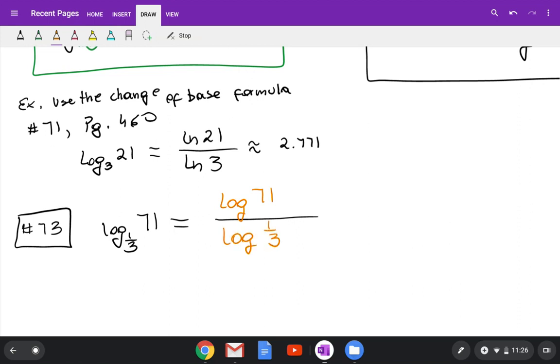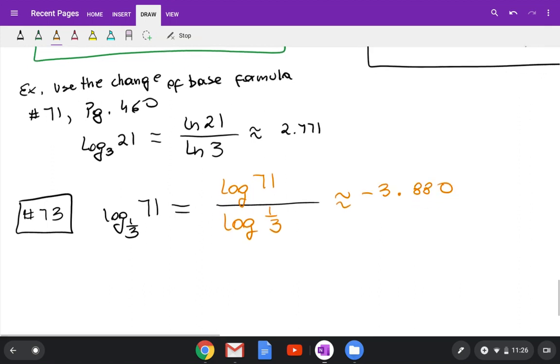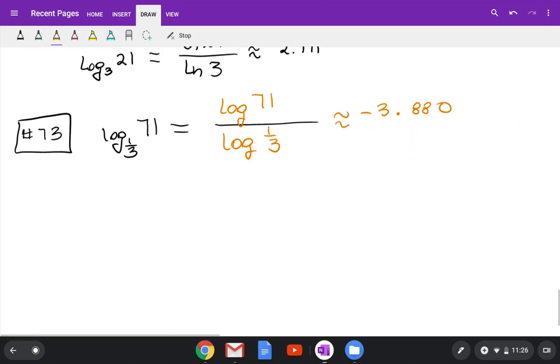And you just plug that into a calculator. Again, log means common log. The base is 10. When you plug that into your calculator, you should end up with negative 3.880. Make sure you check that. We definitely use the change of base formula in word problems.